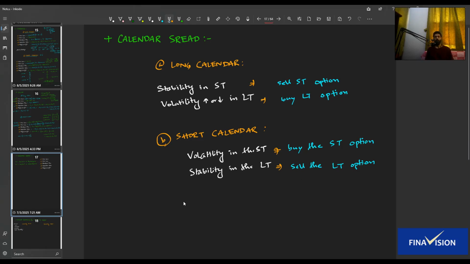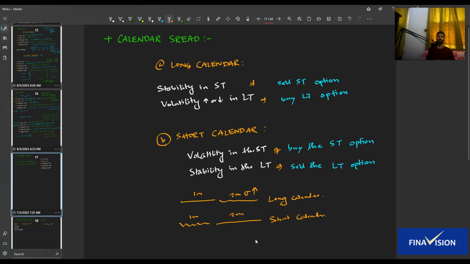So once again, if there is 1 month of stability and 2 months of volatility projected, then one goes long calendar. And if there is volatility projected in the short term and stability projected in the long term, that is, 1 month prices will be volatile, then it will stabilize, then one goes short calendar, right?